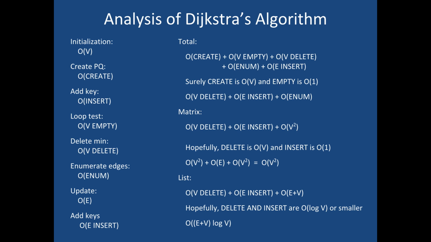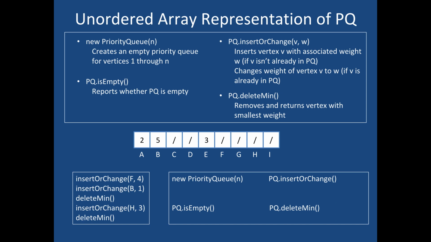Okay? So what we've got to do is figure out where these heaps are coming from. So let's do that. Let's talk about how to represent an array that gets us that first complexity. So what we're going to use is just an unordered array.